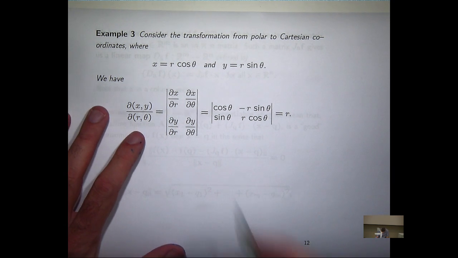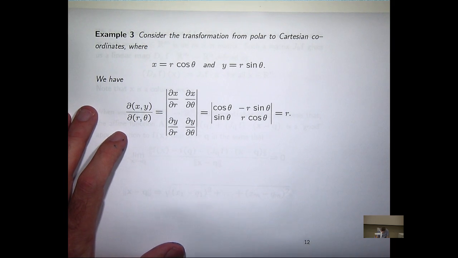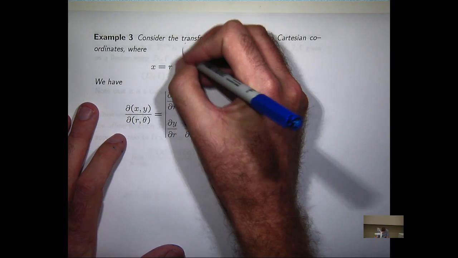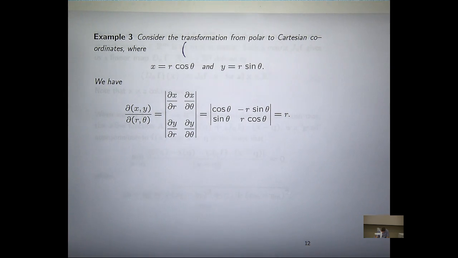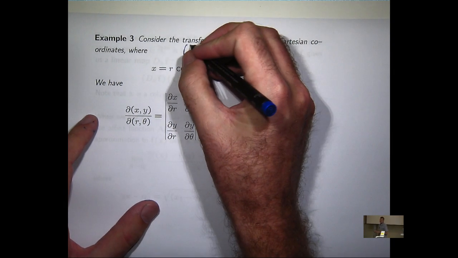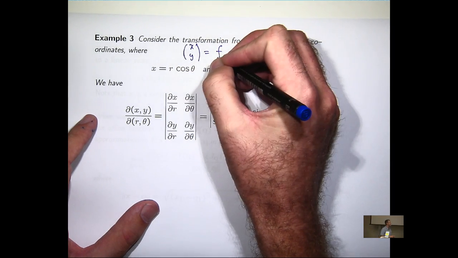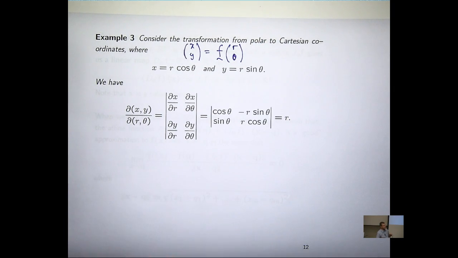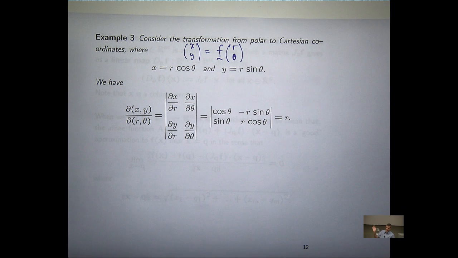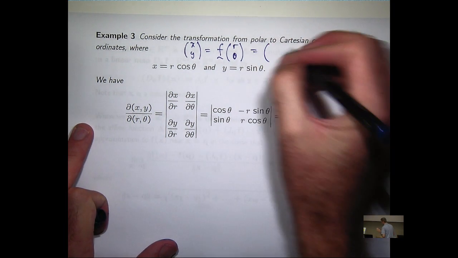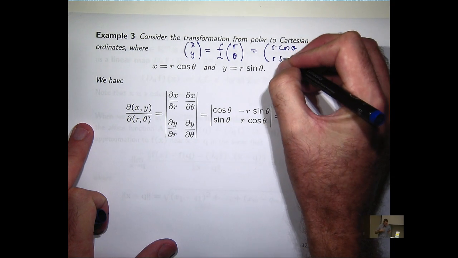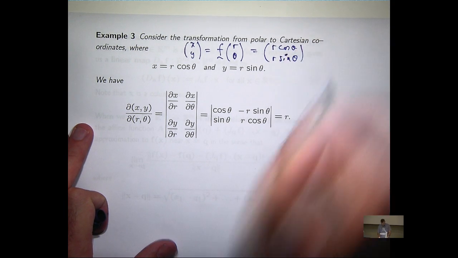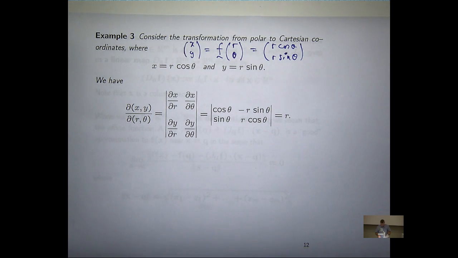So in this context, we've got this vector valued function of two variables, this f, if I write it in this column vector format, this is what we have.